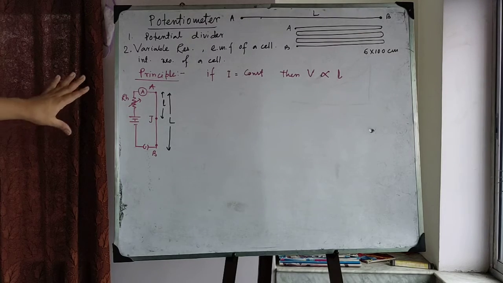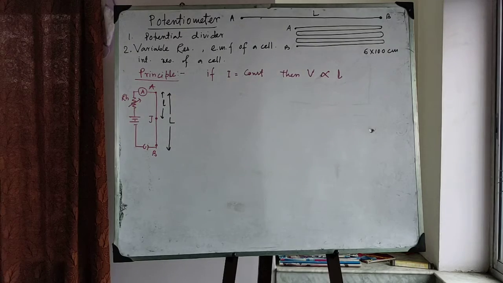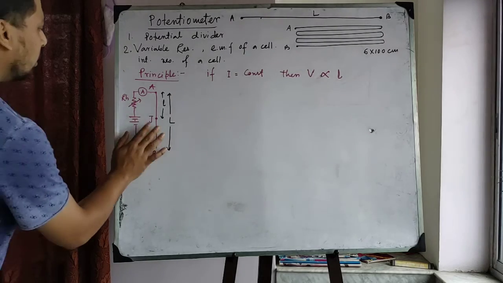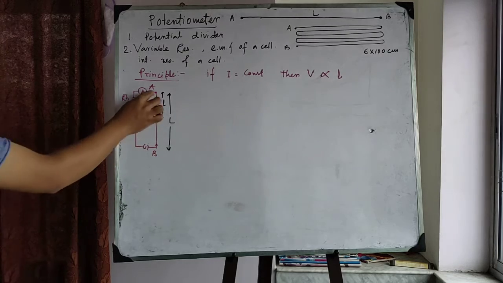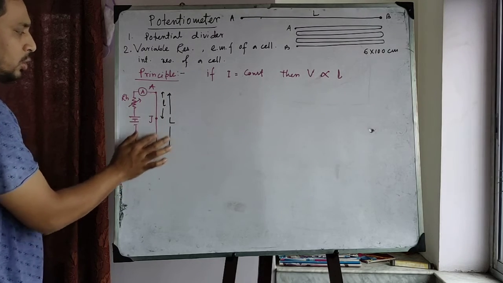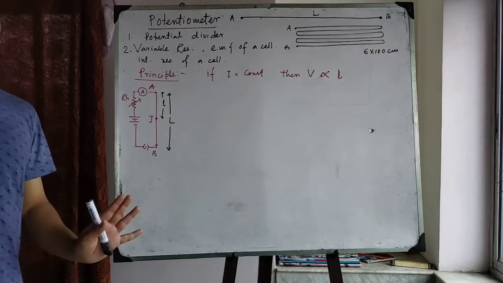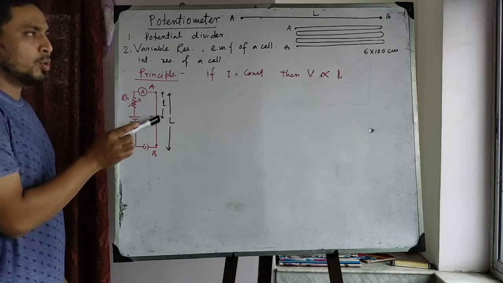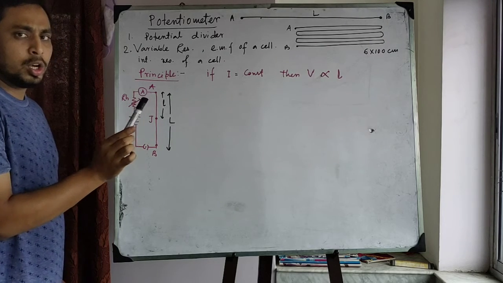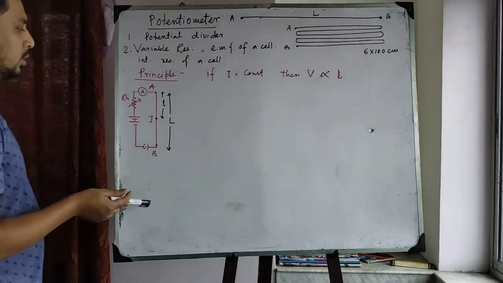So the basic principle of the potentiometer is, if constant current flows through the potentiometer wire, this is the potentiometer wire AB, then the potential difference across any two points of the potentiometer wire is directly proportional to its length.